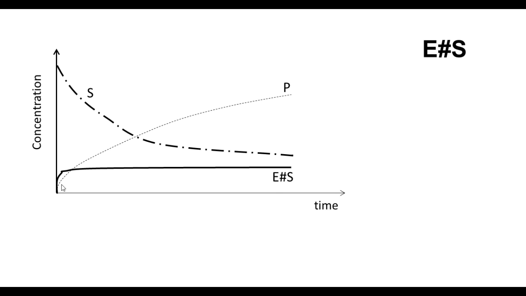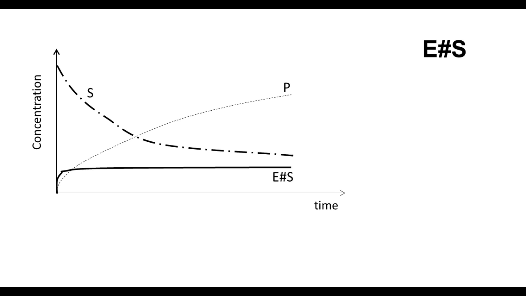And the enzyme substrate complex behaves something like this. At very small times, there is an increase, and then there is no change in the concentration of the enzyme substrate complex. So, apart from very short early times, the concentration of the enzyme substrate complex does not change.